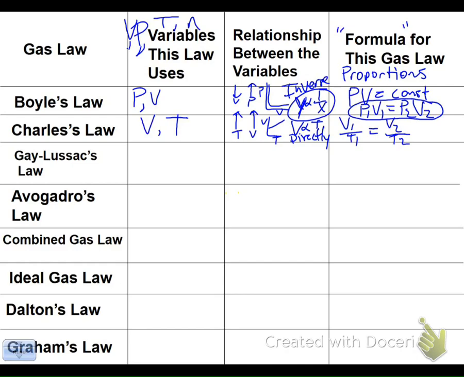Okay, moving on to Gay-Lussac's law. He looked at pressure and temperature instead of volume. If you've ever popped popcorn, this is what you see with popcorn. As you put it in the microwave, the temperature goes up. So therefore, inside the kernel, the pressure goes up until it pops. So we have another direct relationship.